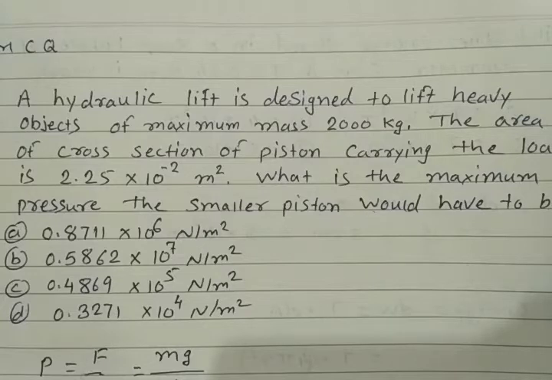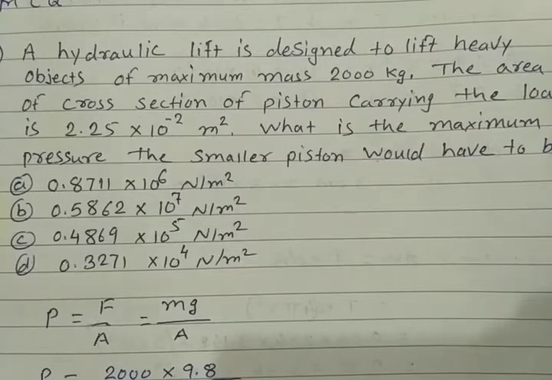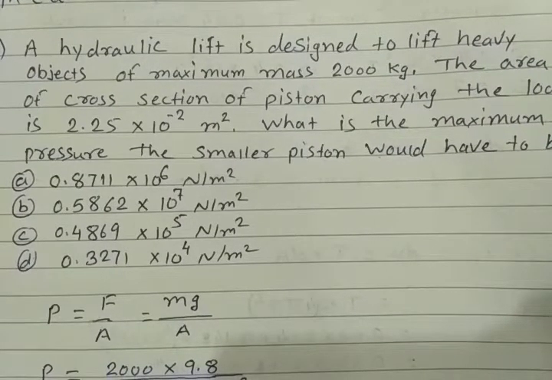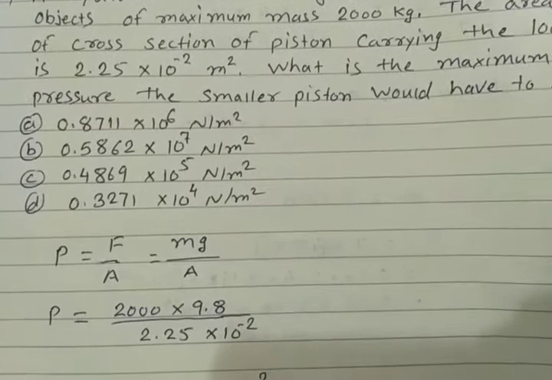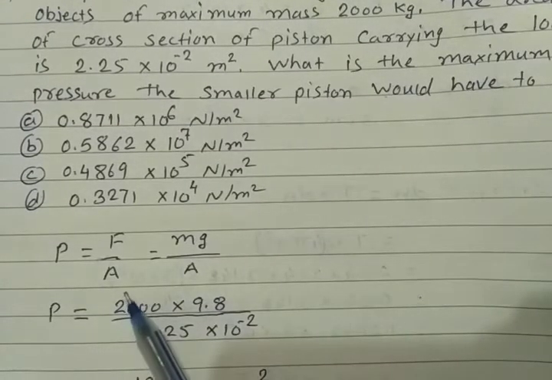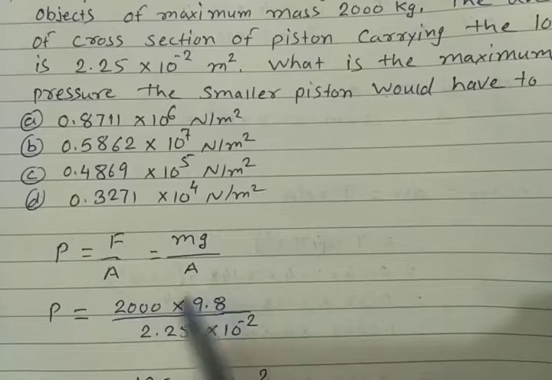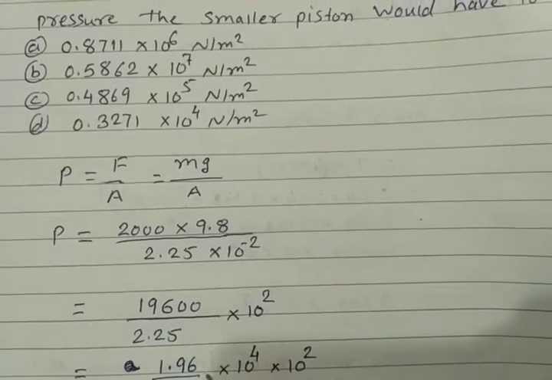According to Pascal's law, if we consider the formula for pressure, it is force upon area, and this force is mg divided by A. So we have the mass and area, and substituting these values, 2000 multiplied by 9.8, which is the value of g, acceleration due to gravity, and the value of area is 2.25 into 10 raised to minus 2. On solving this, 2000 multiplied by 9.8, what we have?